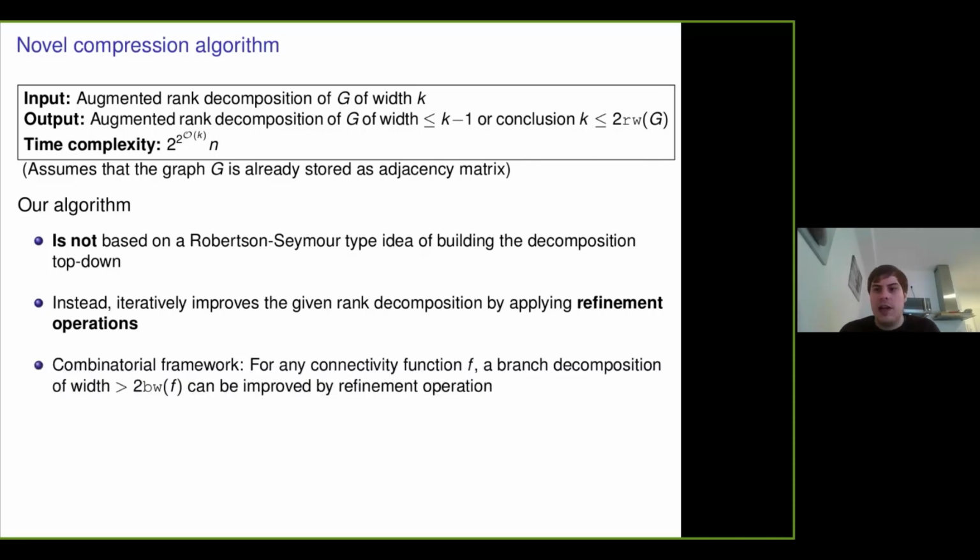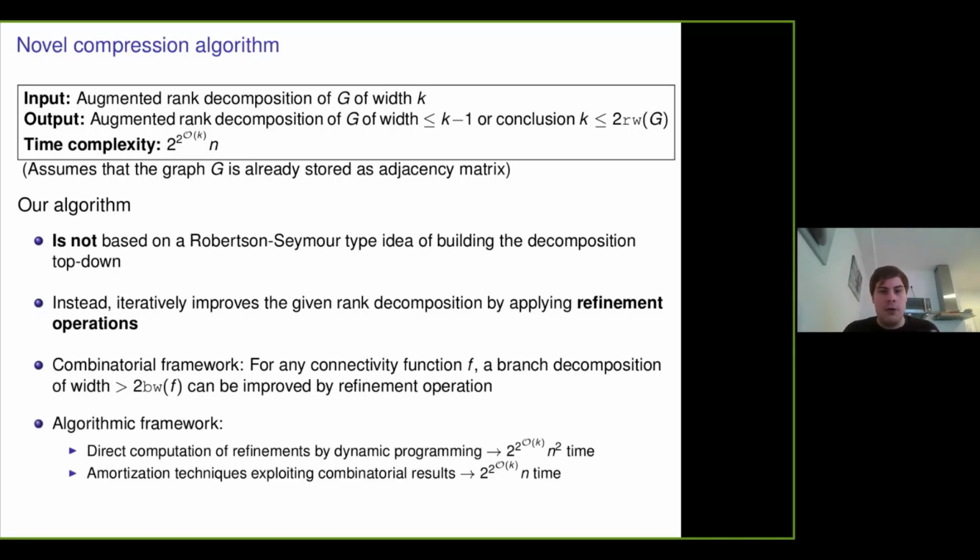The combinatorial framework that we give in this work is that for any connected function f, a branch decomposition that is not a 2-approximation, whose width is larger than 2 times the branch width, can be improved by this specific refinement operation.